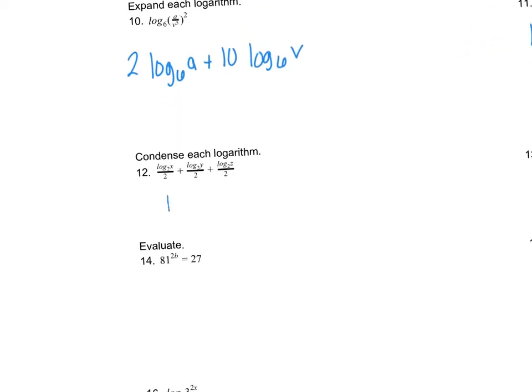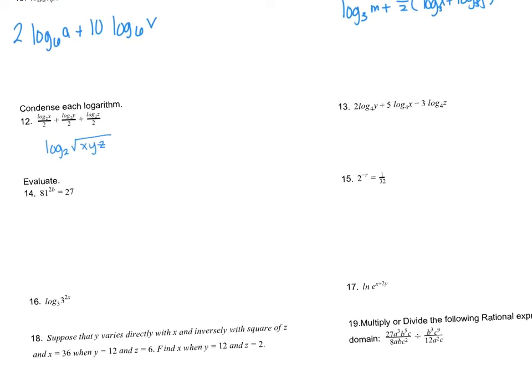Condense: log 2 square root x, y, z. Log 4y squared x to the 5th over z to the 3rd.